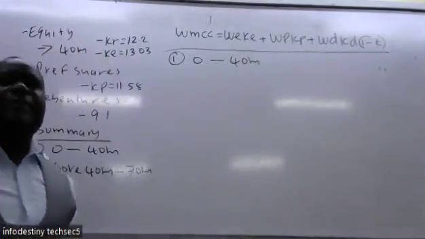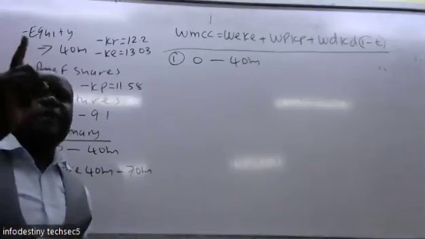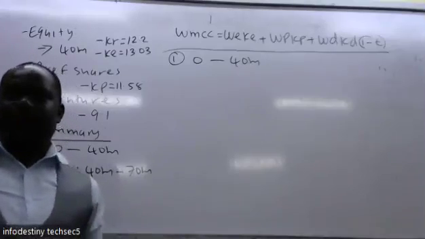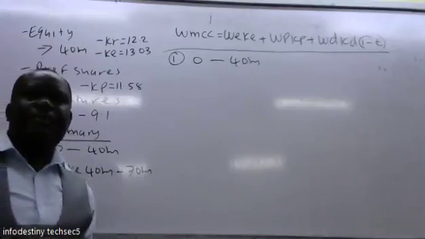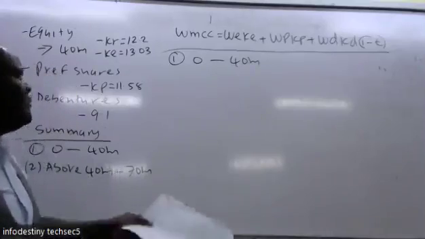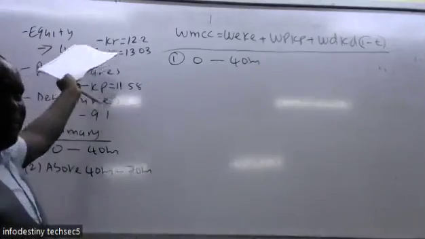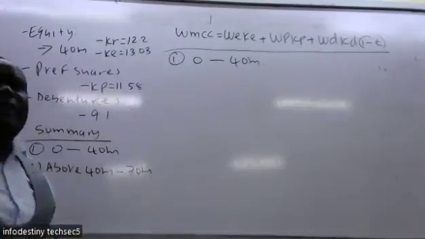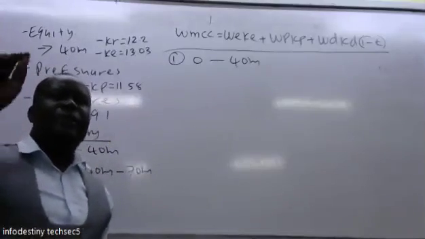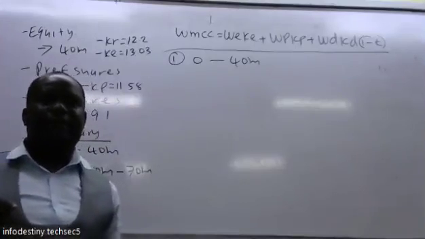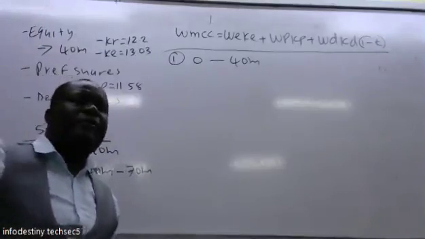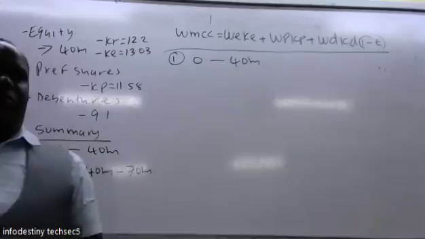So equity, there are 2, retained earnings and ordinary share. The breakpoint for the retained earnings was 40 million. So remember the 40 million. If it is between 0 to 40 million, that's retained earnings. Above 40 million, we go to ordinary share.